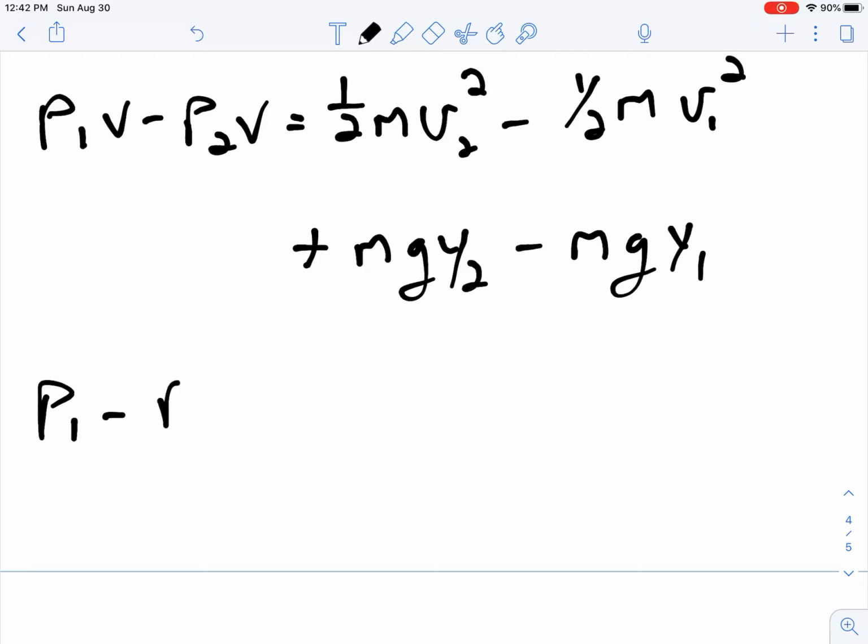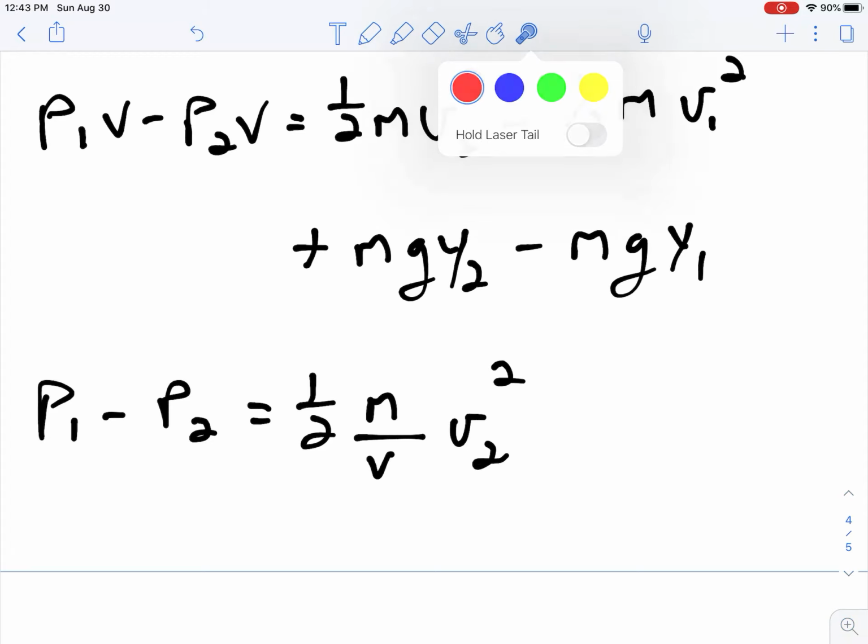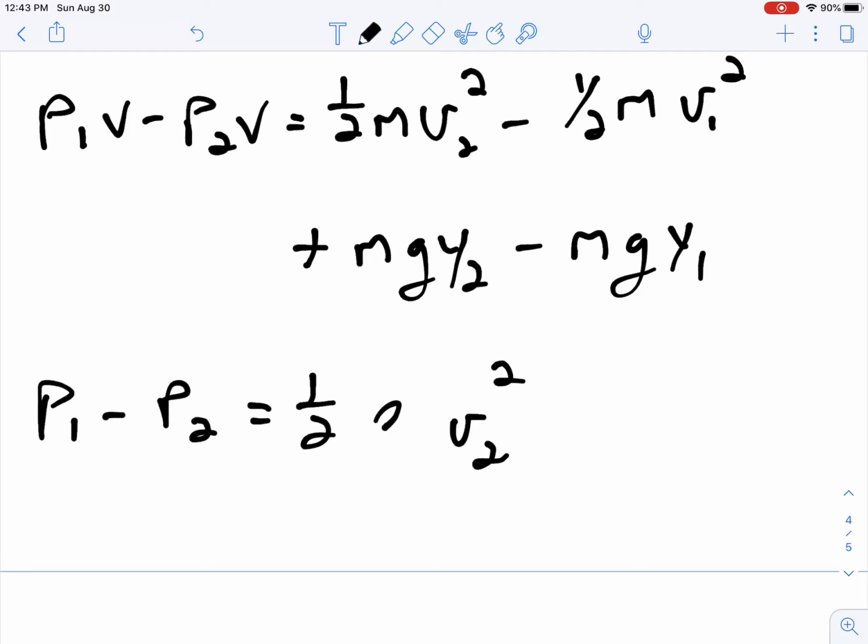So pressure 1 minus pressure 2 equals 1/2 mass, I'm dividing by volume and I get velocity 2 squared. Before I continue, I want to point out something. Mass per volume is density. So when I divide this by volume, I get mass per volume, I get density.